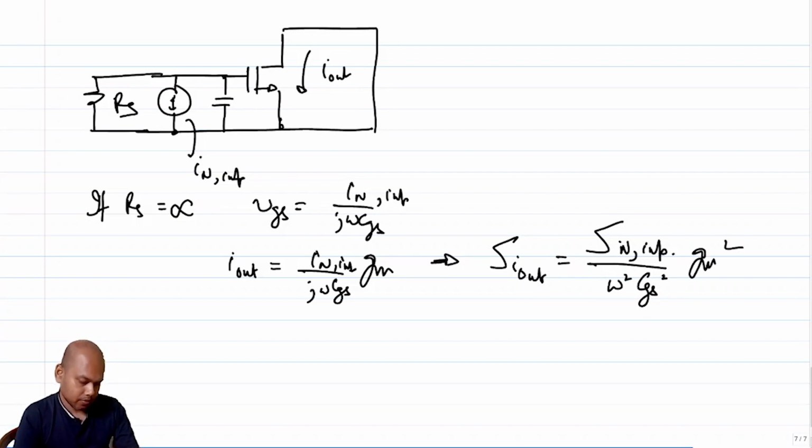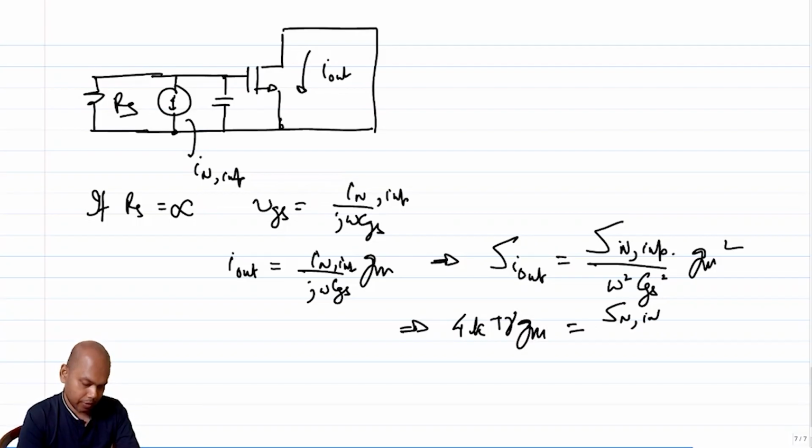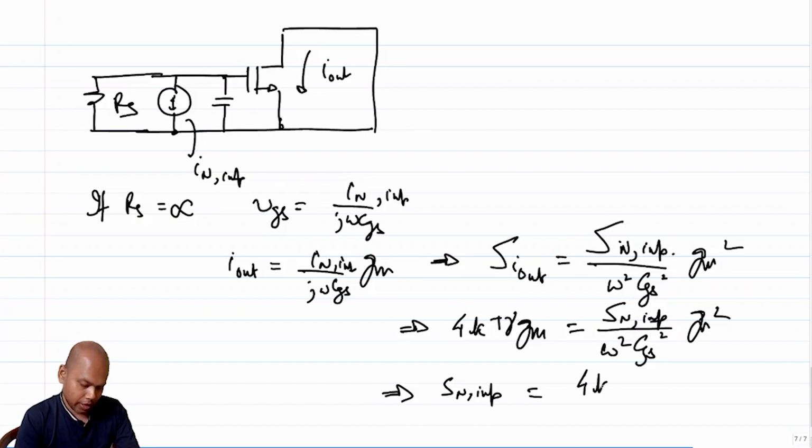And I know that SI out is 4kT gamma gm, which is SN input referred by omega square CGS squared times gm squared. So my input referred noise current is essentially 4kT gamma by gm times omega square CGS squared.